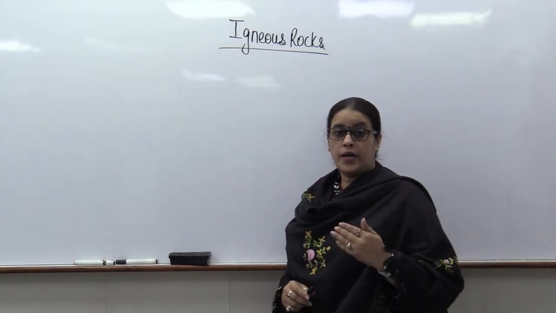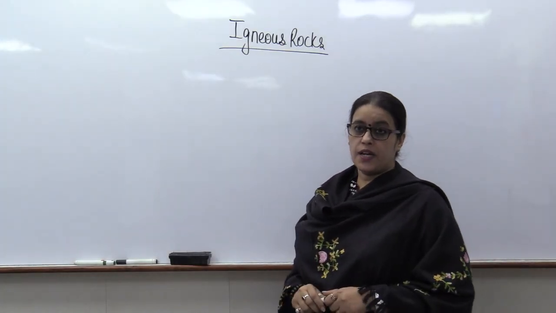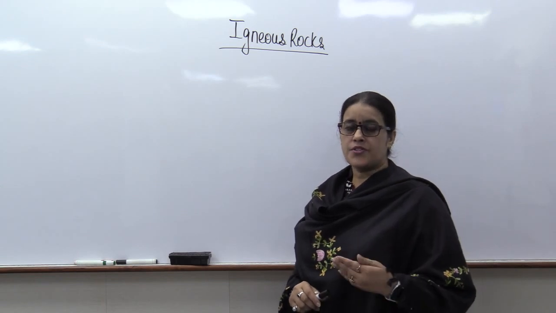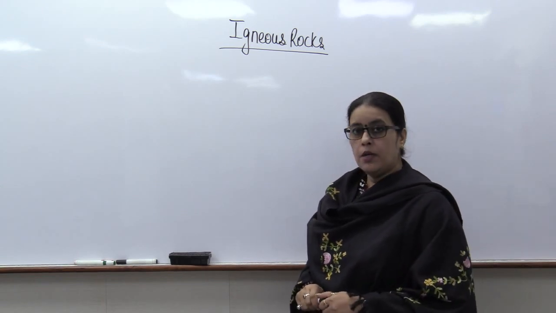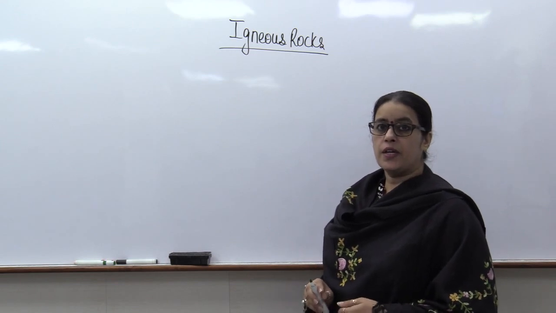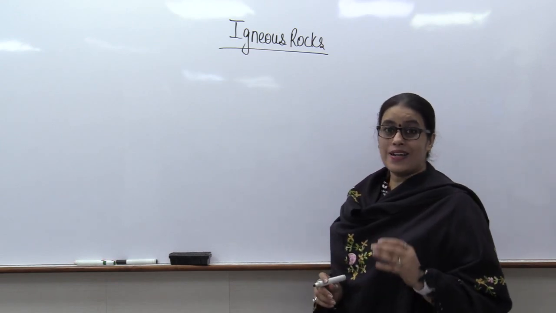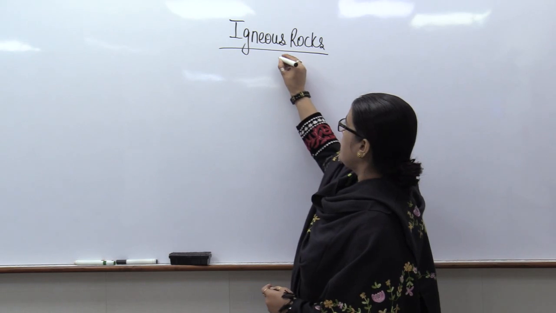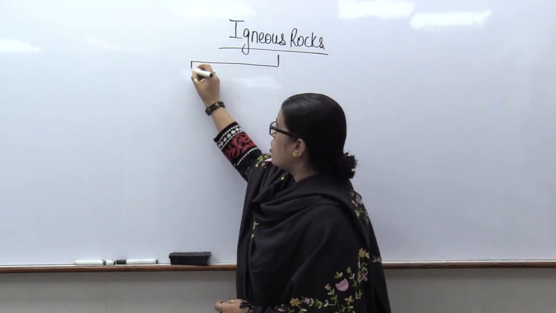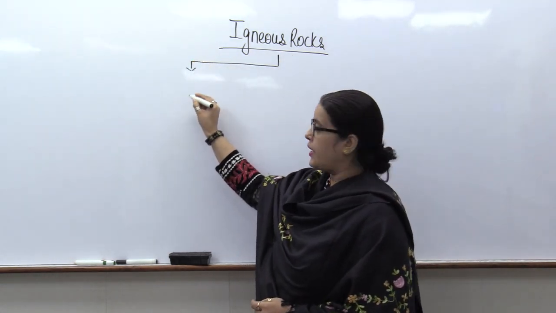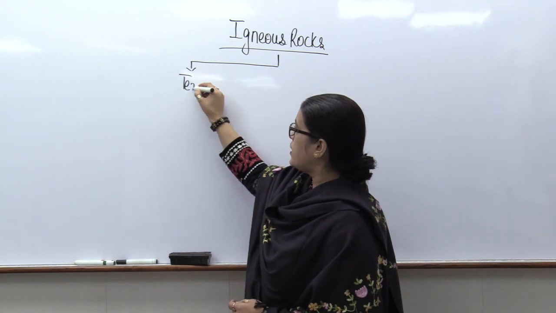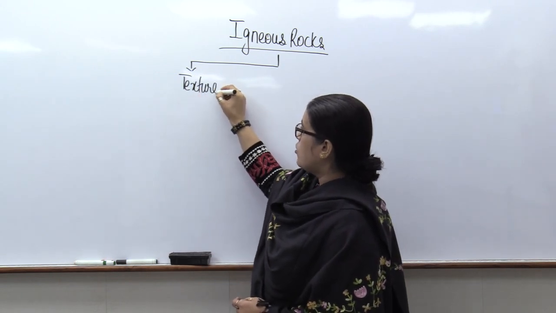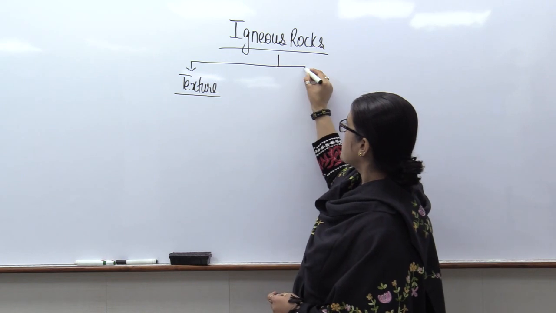If I have to enlarge on what we have seen in NCERT, igneous rocks are classified on the basis of texture. But actually we can classify igneous rocks on the basis of at least 3 things. Which are they? I can classify igneous rock on the basis of their texture, picking it up from NCERT. I can also classify it on the basis of its composition.